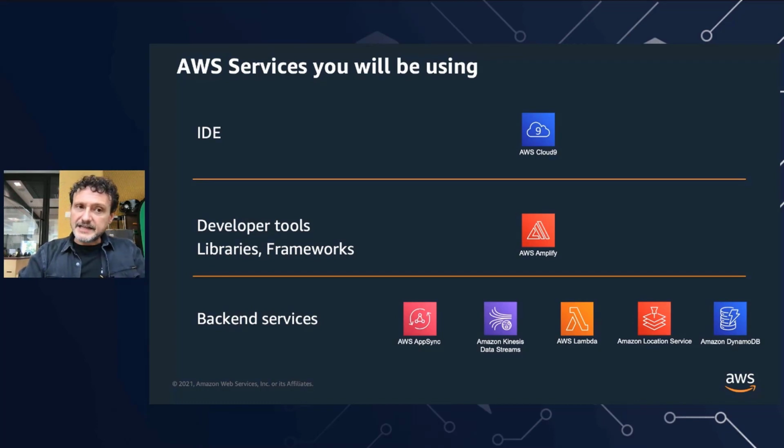Also, not mandatory, but if you follow the instruction set that we provide with this workshop, you're going to use AWS Cloud9 as an IDE in the cloud. Again, it's not mandatory, but leveraging an IDE in the cloud is a good way to experiment with this workshop, with the services we will use, without changing your local laptop configuration.